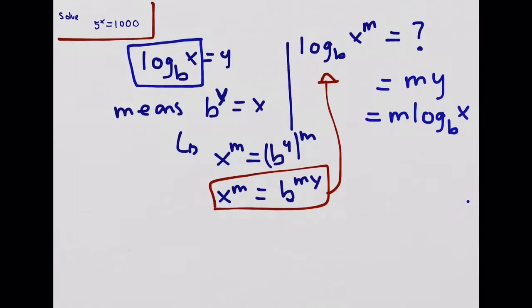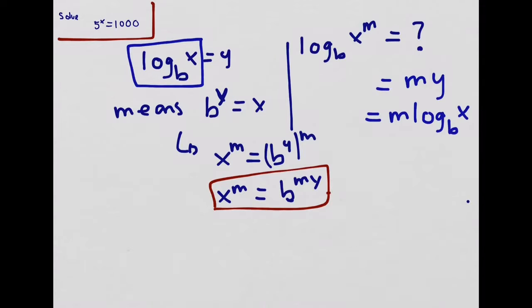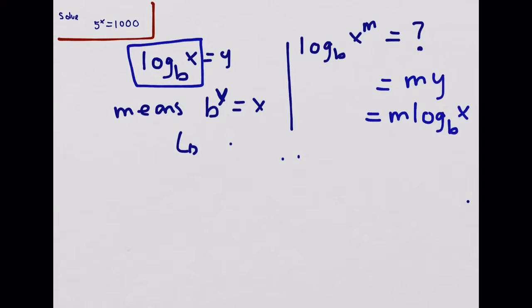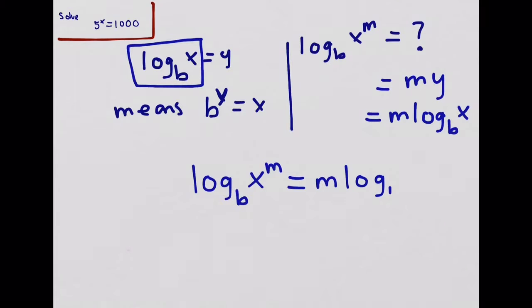And this is the property I'm looking for. I'm going to write it very crystal clear over here: we found that log base b of x to the m is nothing else but m times the log base b of x.